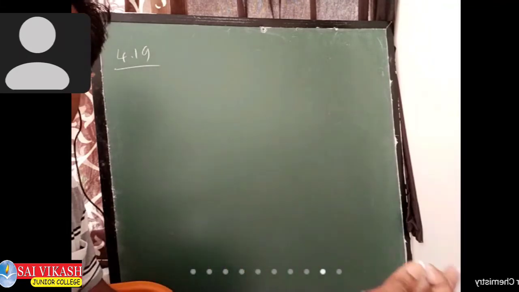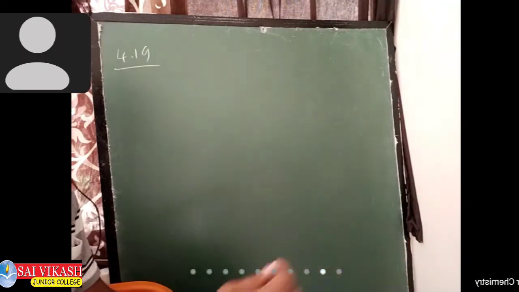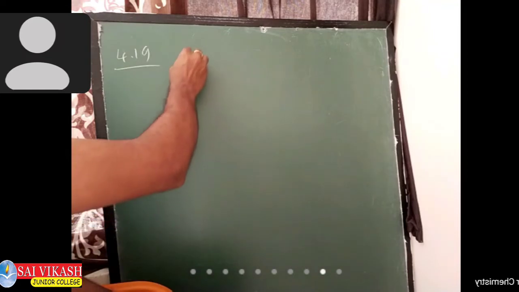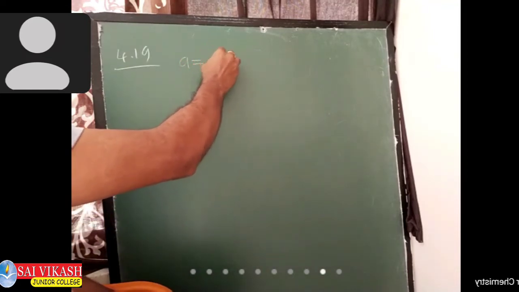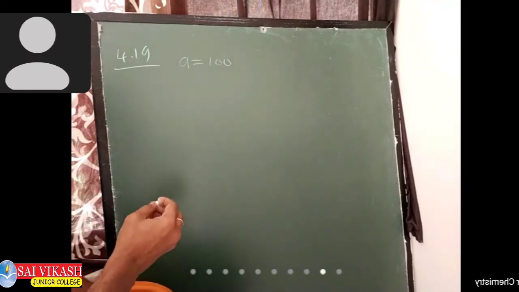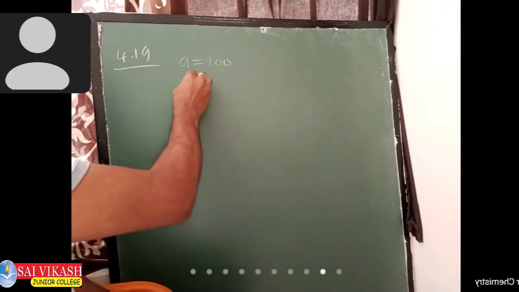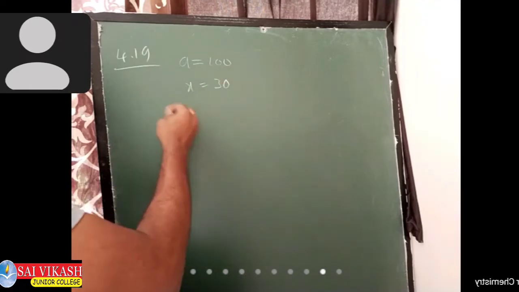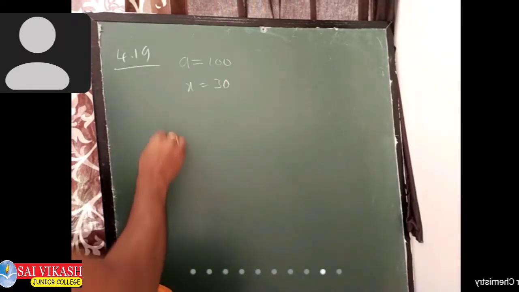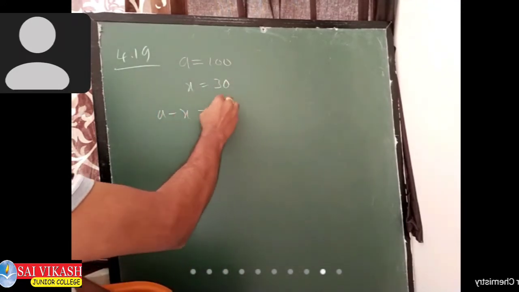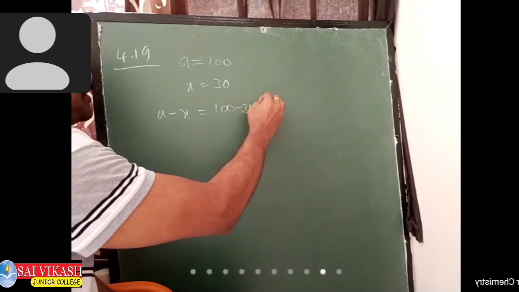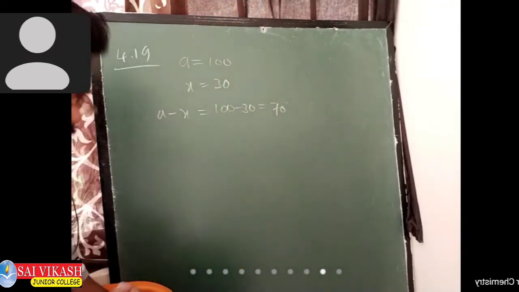Whatever the initial concentration is, take that 30% decomposition. Initially I am taking 100. How much decomposed? 30%, that should be X. X is 30. Then A minus X will be 100 minus 30, it will be 70.